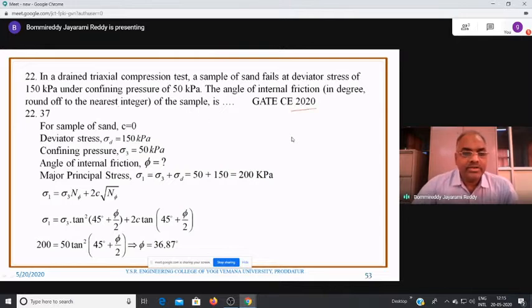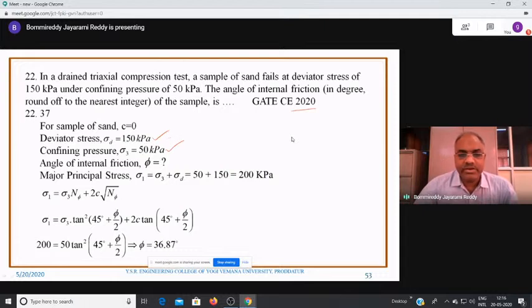In a drained triaxial compression test, a sample of sand fails at a deviator stress of 150. So the deviator stress is given, 150. Under a confining pressure of 50. What is confining pressure? Sigma 3.